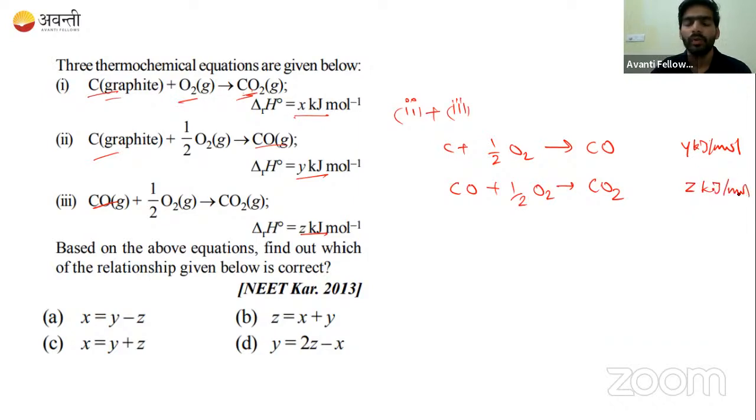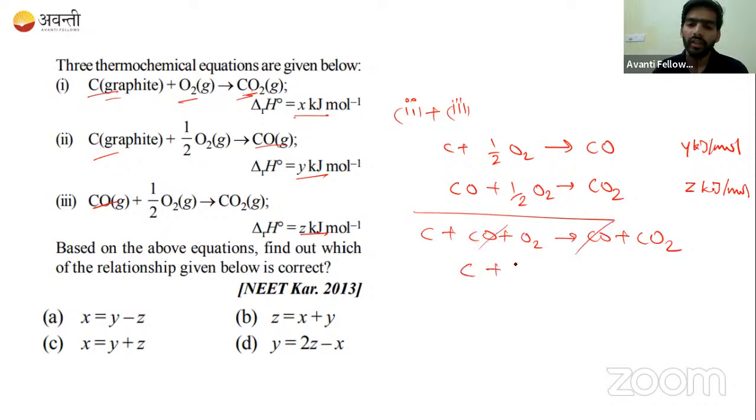So if we add these reactions, we can see that C plus half O2 plus half O2 will become 1 O2 gas, and then CO plus CO2. Okay, and here CO on both sides will cancel, and what we will get is C plus O2 gives CO2.